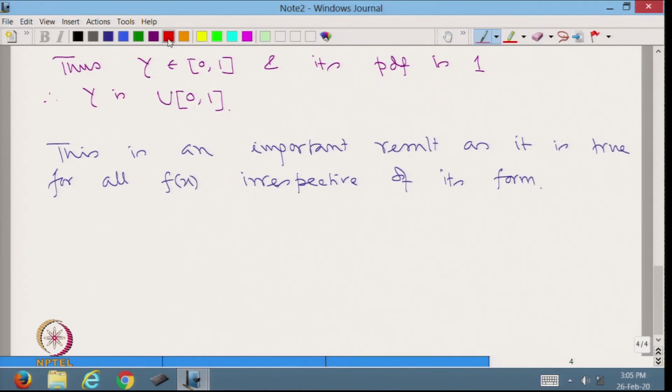Now, some of you may doubt whether this result is correct or not. So, let me prove it in a different way.